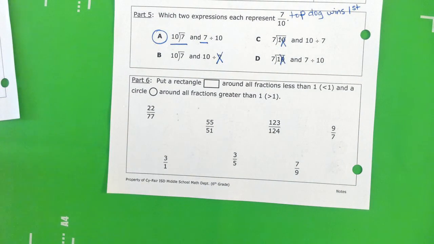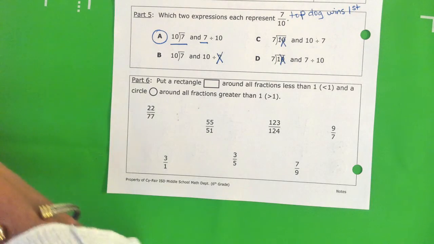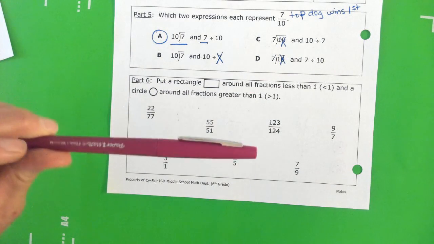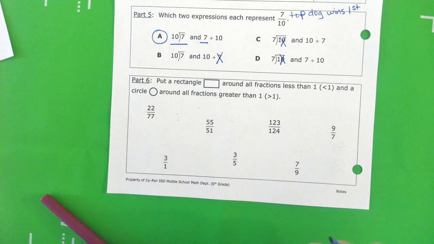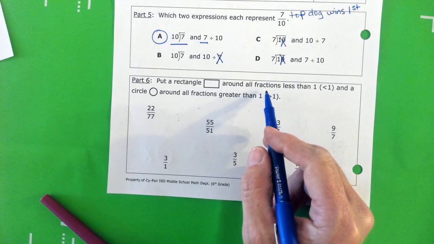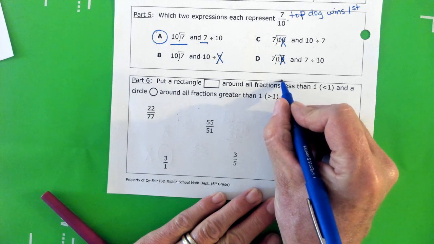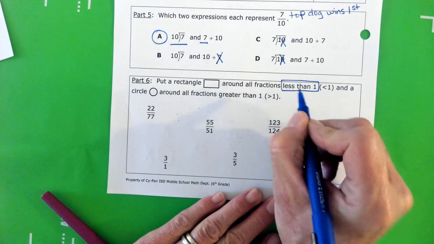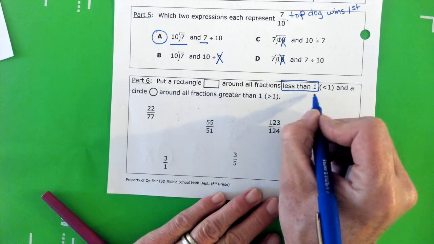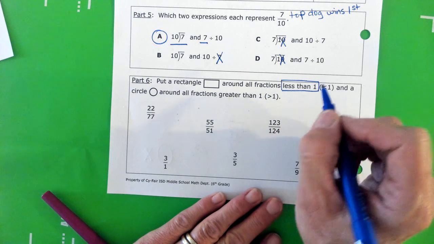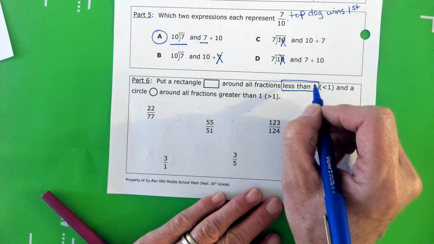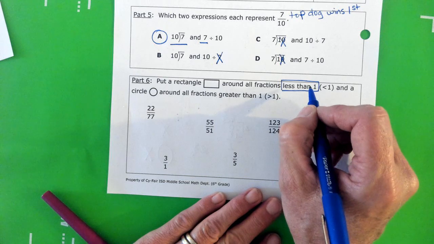All right, last one. You're going to need two colors for this. I'm going to use blue and red. Well, looks pink. Okay, it says put a rectangle around all fractions less than one whole. So go ahead and put a blue rectangle around anything less than one whole. That means no one gets a whole. It's smaller.